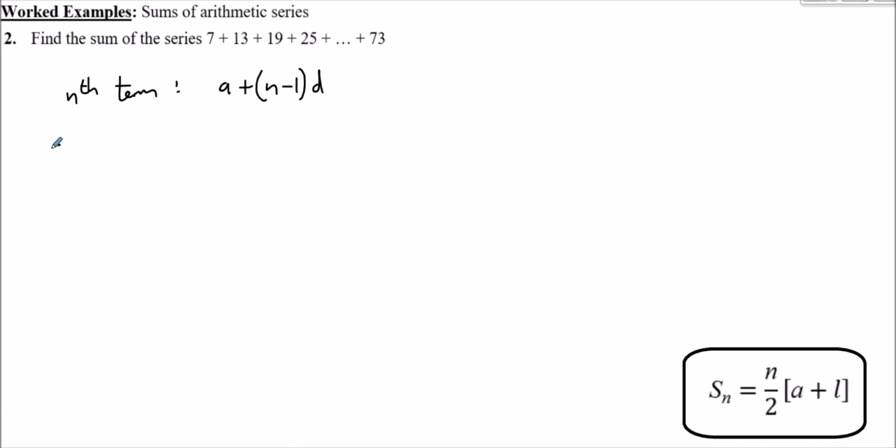Now we know the first term is 7, because it says a is 7, because we're starting at 7. The common difference we can see quite easily. This sequence here is increasing in 6s. So the common difference, d, equals 6.